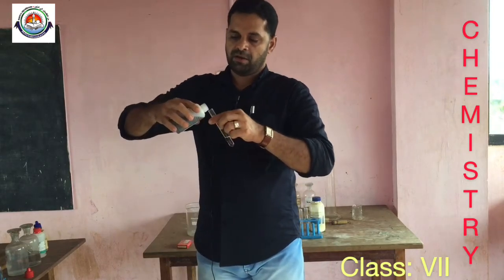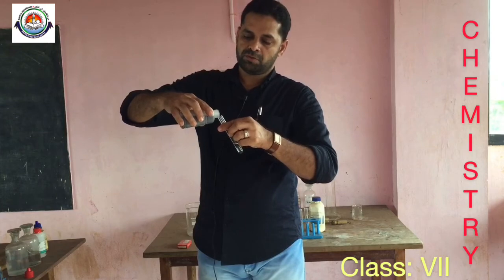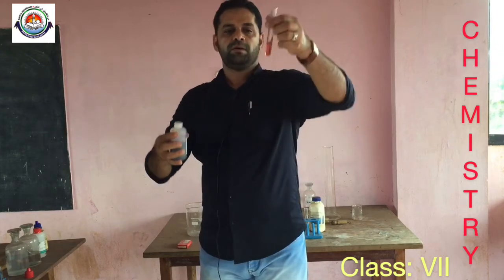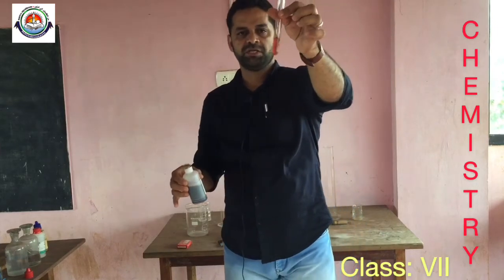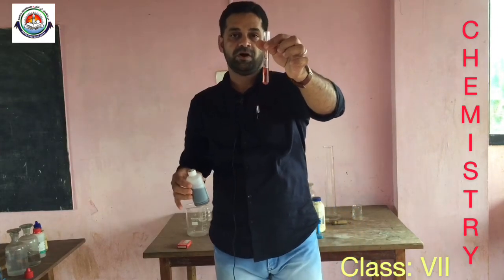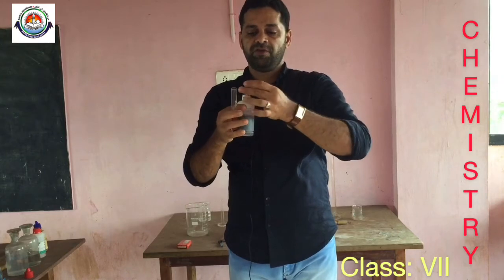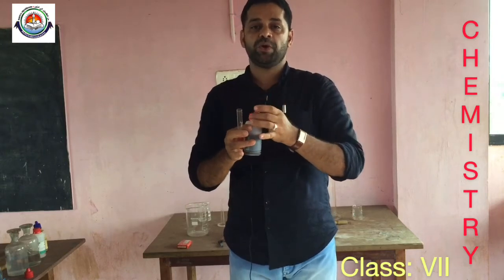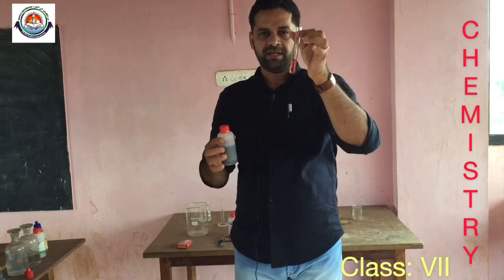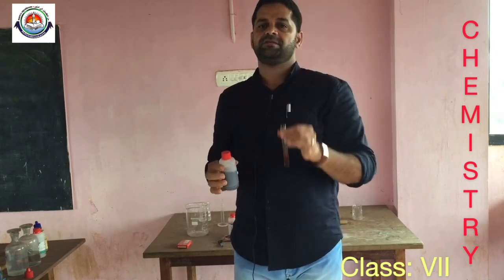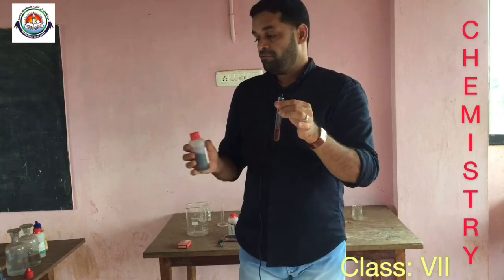See, I am adding a few drops of blue litmus solution. See, this is blue color, and the blue litmus solution changes to red. So it means, when we add blue litmus solution to acid and the color changes to red, then this is acid.